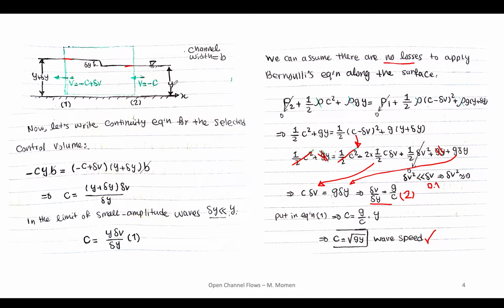If you have the depth of your channel, the velocity of these ripples, these small amplitude waves, for example when you throw a rock in a river or on a lake, those waves are moving with this speed. If you know the depth of the water there, the wave speed is going to be c equals the square root of gy. Okay, so very simple relationship, but very important.